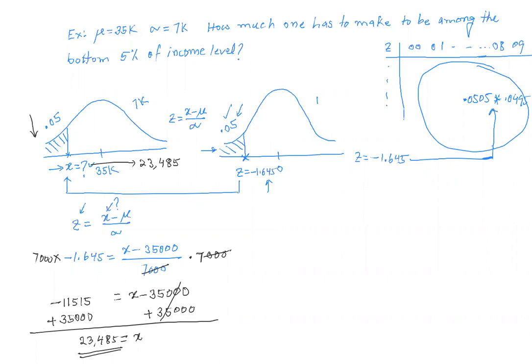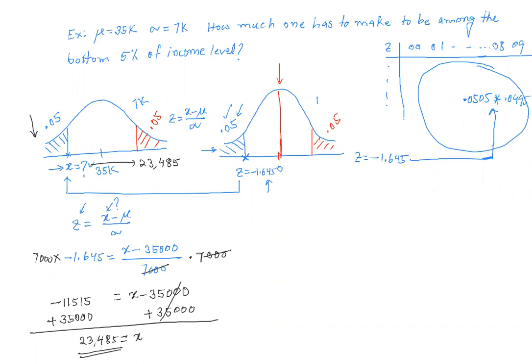Now, another very natural thing you could do is this. How about if I want to find out who are among the top 5%? In that case, you'll just do top 5%, 0.05. By symmetry, remember I told you bell-shaped curves are symmetric about the center.